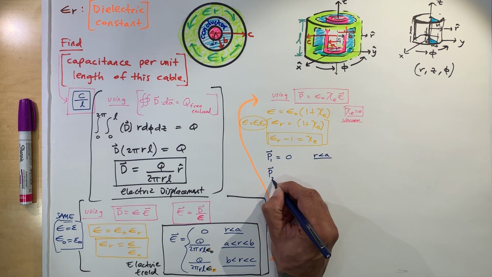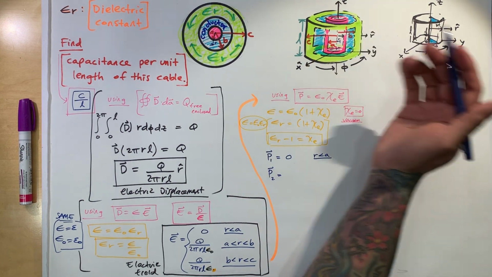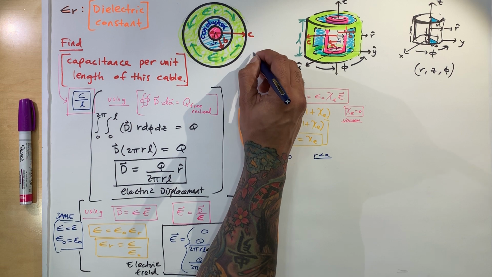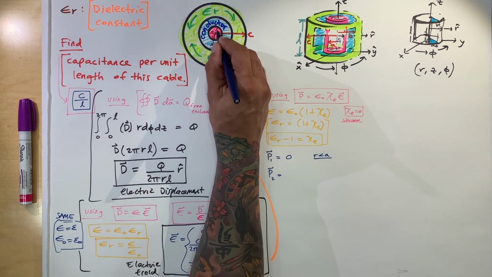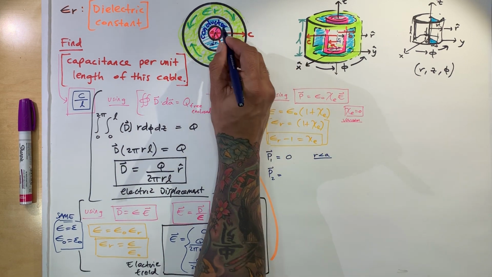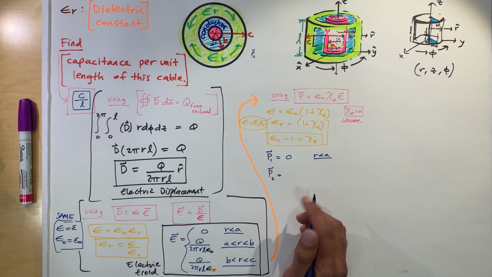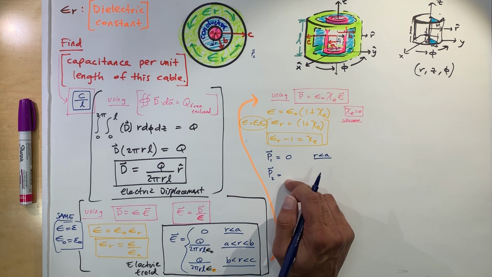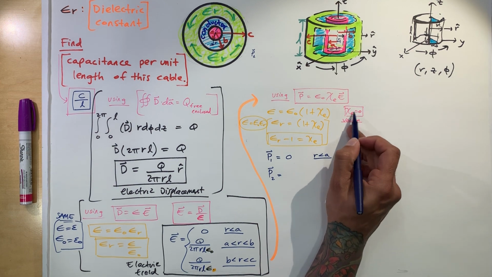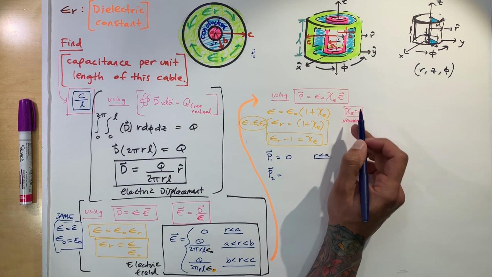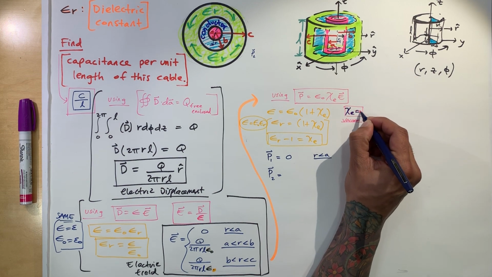Polarization 2, we'll say that is all the way outside. Outside here is 2. Inside here is 1. We're skipping the middle part because I want to show the middle part last. So for the polarization all the way outside, remember that in a vacuum, or outside of a dielectric material, chi E is equal to 0.